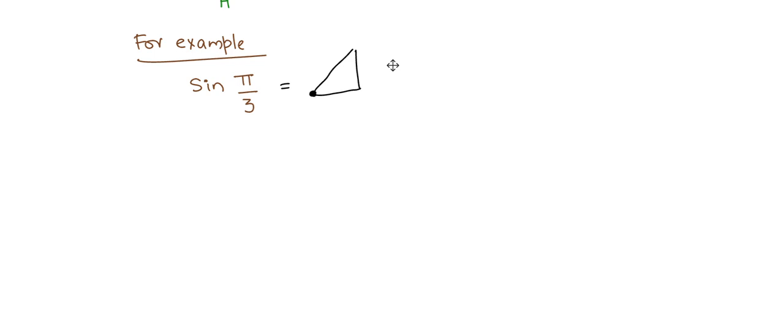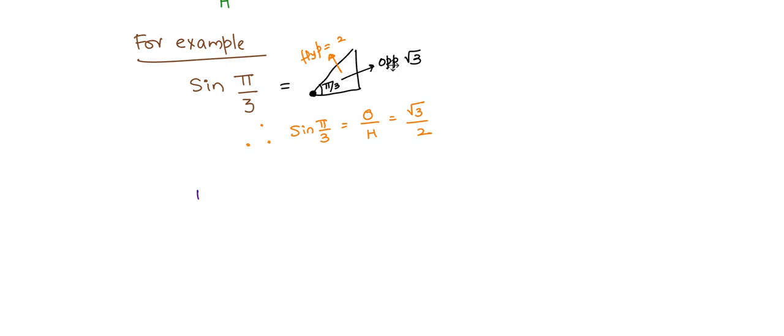So for example, if you want to calculate the value of sine pi on 3, you would be standing at pi on 3, which is here, which is opposite, root 3, hypotenuse 2. Therefore sine pi on 3, which is opposite over hypotenuse, is square root of 3 on 2.